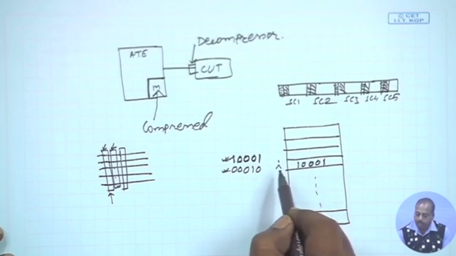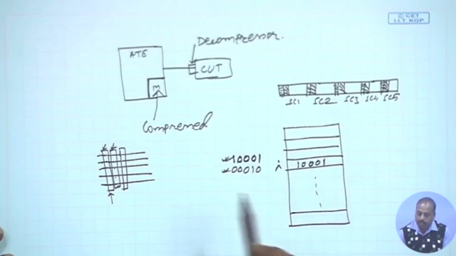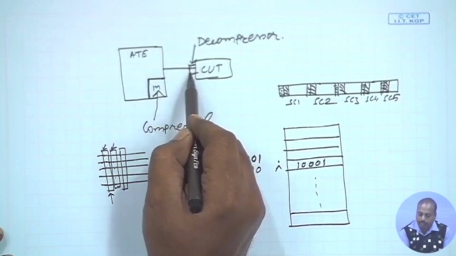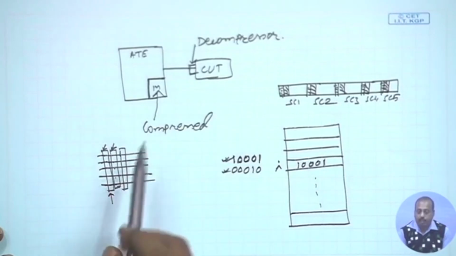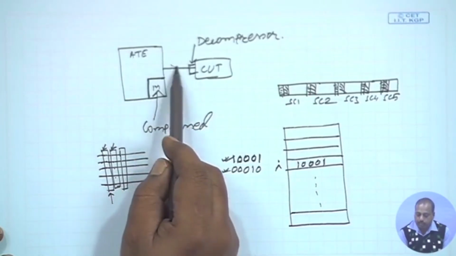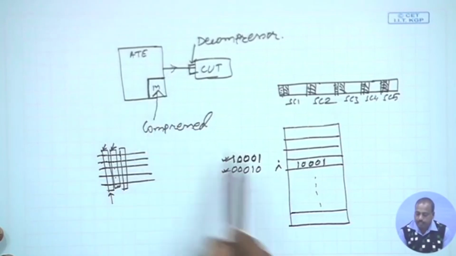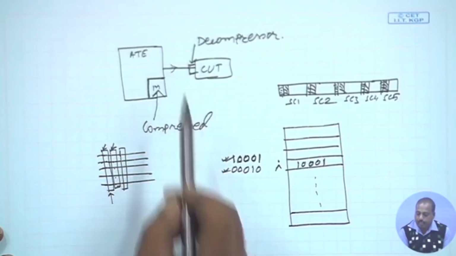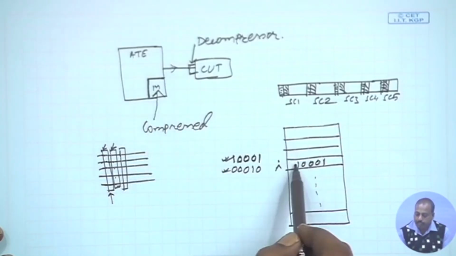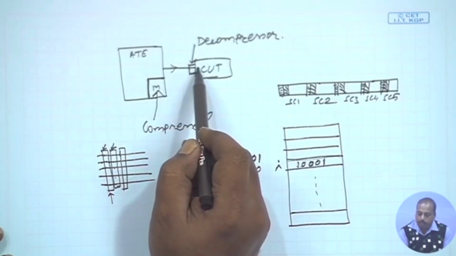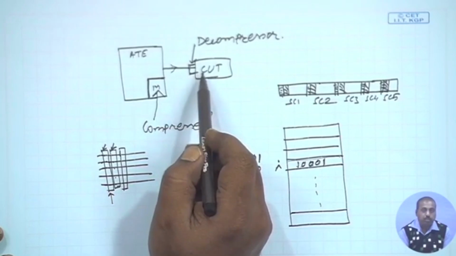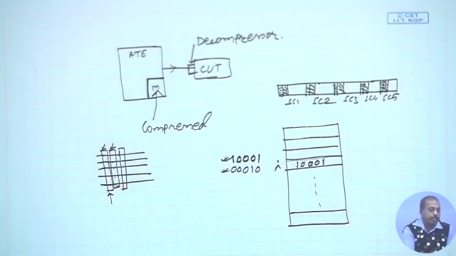So this index I is told, so that this decompressor that I said is actually having the dictionary. From this channel I just get this index I, and this index I is used to locate the corresponding pattern, this 1 0 0 0 1, which will be fed into the scan chain slice, like in this example that we are looking into.